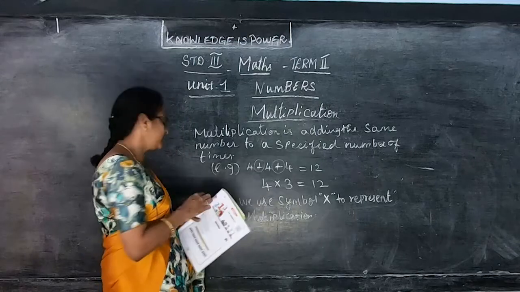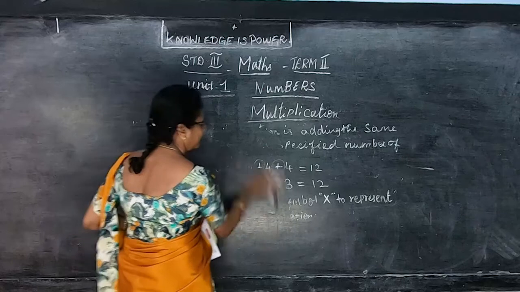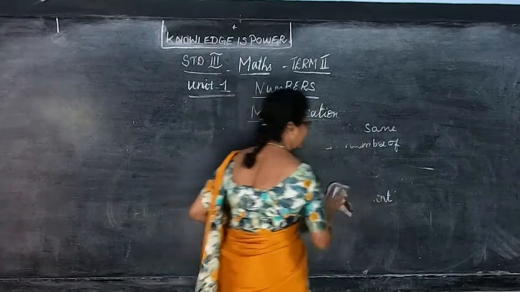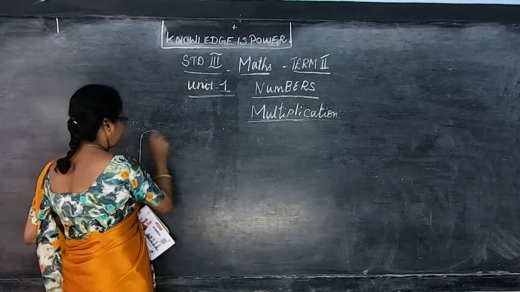Then they are given a picture. They will give pictures and ask you to write the numbers. How to write these numbers, that I will say. So, in this, they have drawn trees.